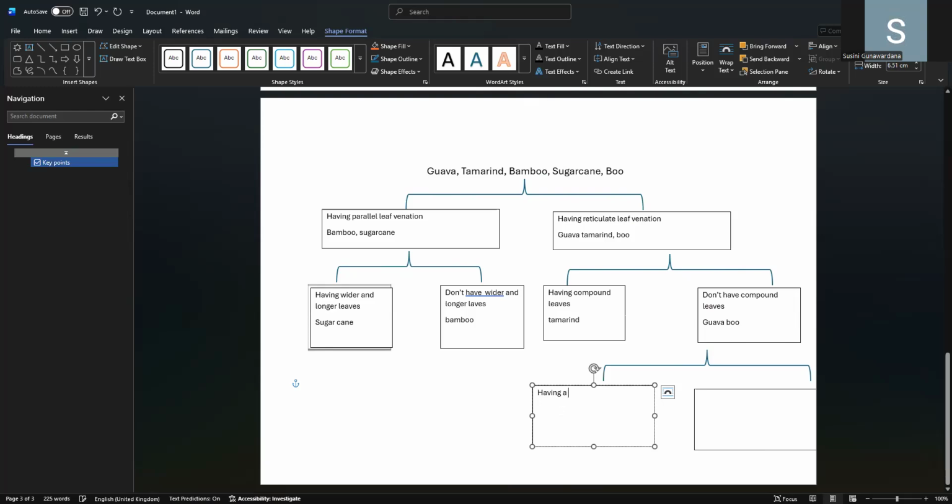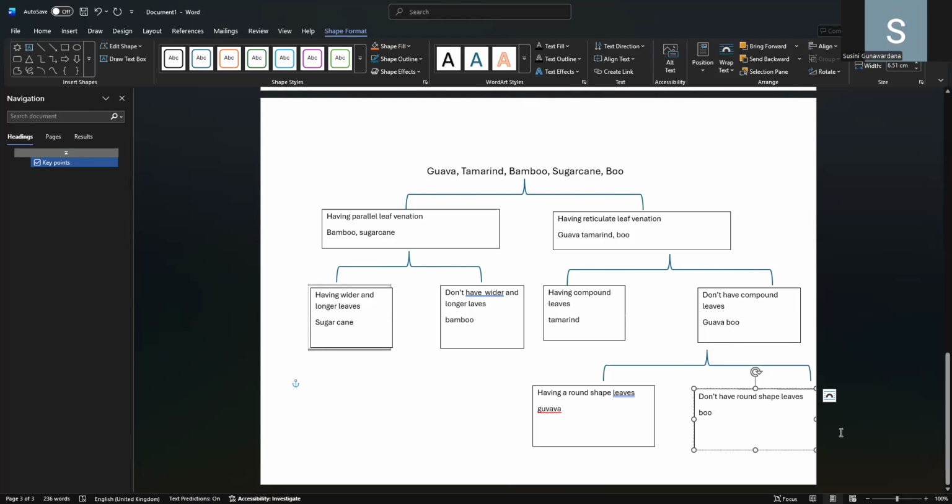Having round shaped leaves, that is guava, and don't have round shaped leaves, that is bo. So this is the way that I have divided this dichotomous key.